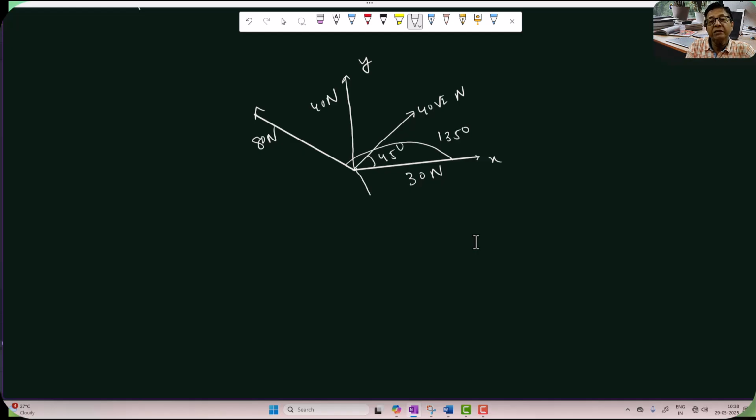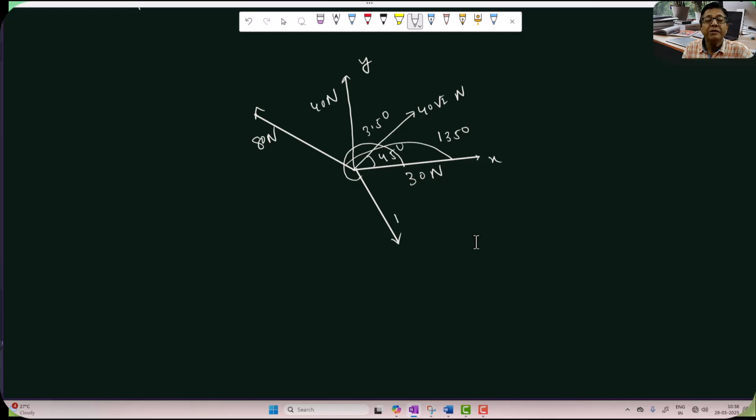This is first, second, third, fourth, fifth one also there. Fifth one making an angle 415 degree. No, sorry. This is 315 degree.